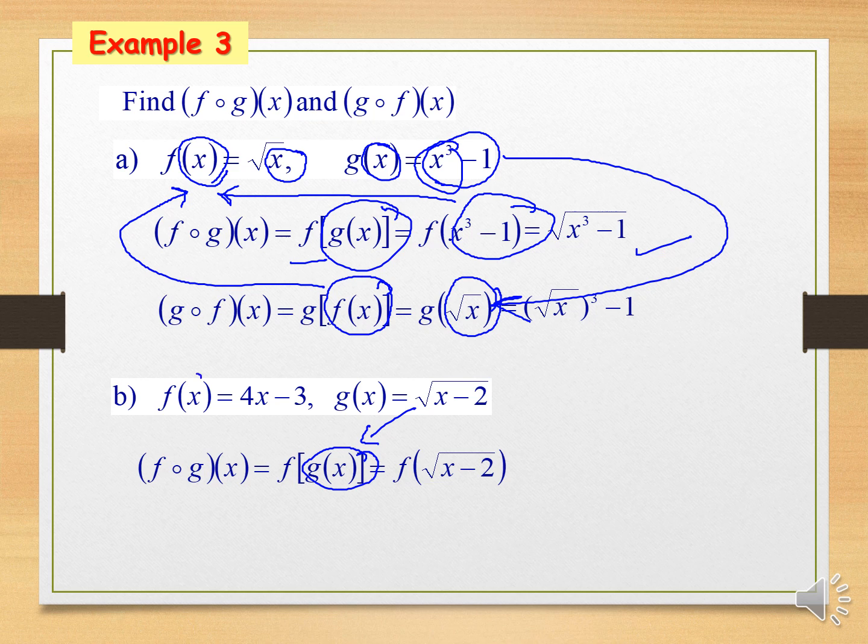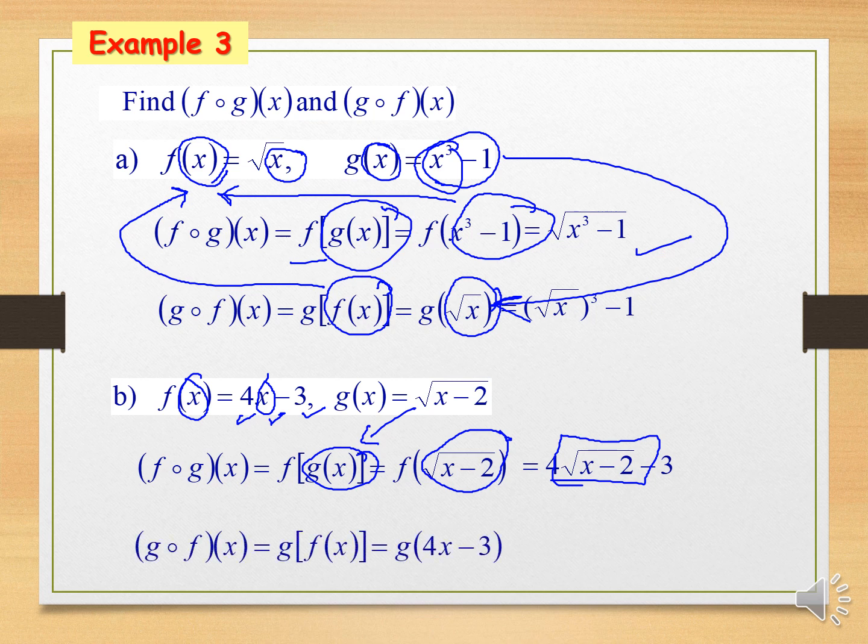Look at the function f(x). f(x) equals 4x minus 3. Therefore, f of square root of x minus 2 equals 4 times square root of x minus 2, minus 3.